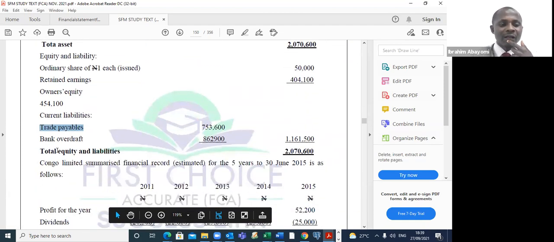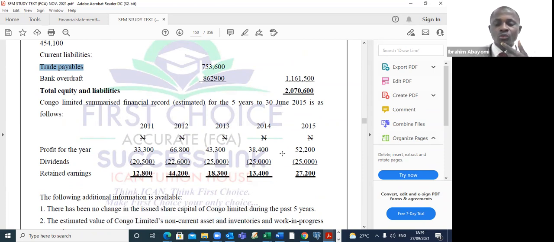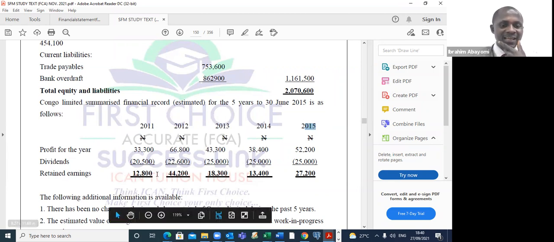Then that gives us our total equity and liability. Congo Limited's summarized financial record estimated for the 5 years to 30 June 2015 is as follows. So we have from 2011 to 2015: profit for the year, dividend, retained earnings.